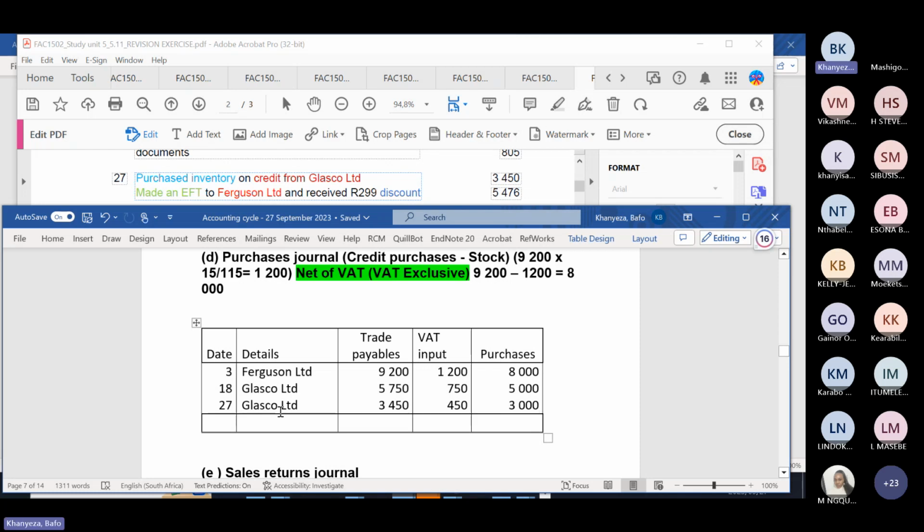Then made a direct payment from Ferguson. Just have to look for Ferguson and see where is Ferguson so that we can be able to link that.